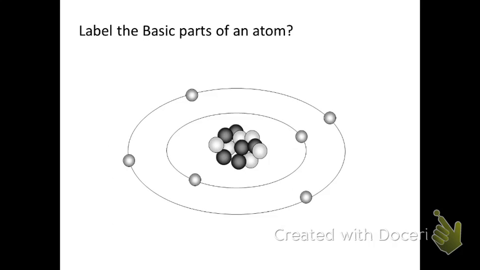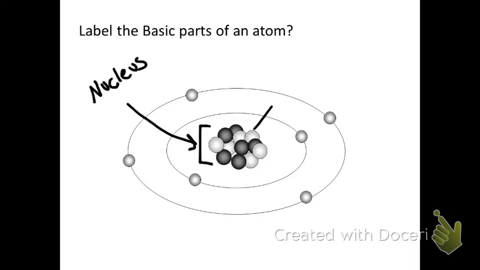Okay, so let's label the basic parts of an atom. In the center here of an atom, this is known as the nucleus. And what we just got done talking about is the nucleus is made up of the protons and the neutrons.